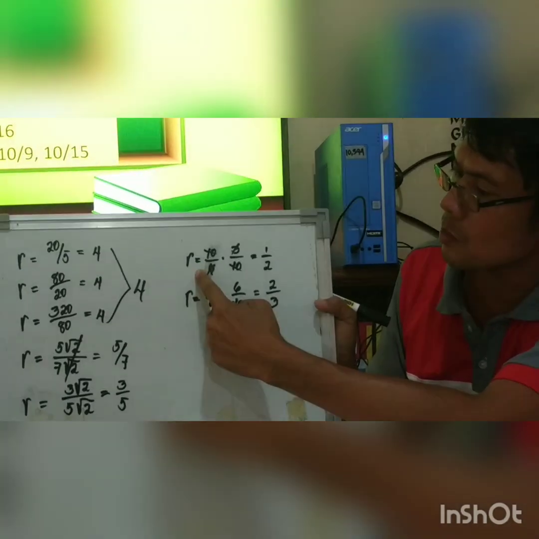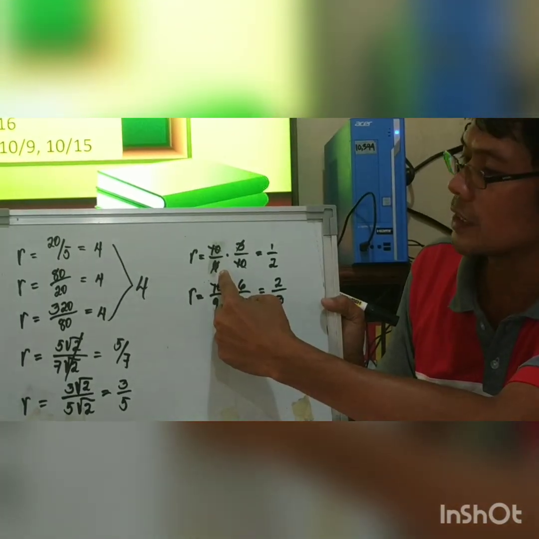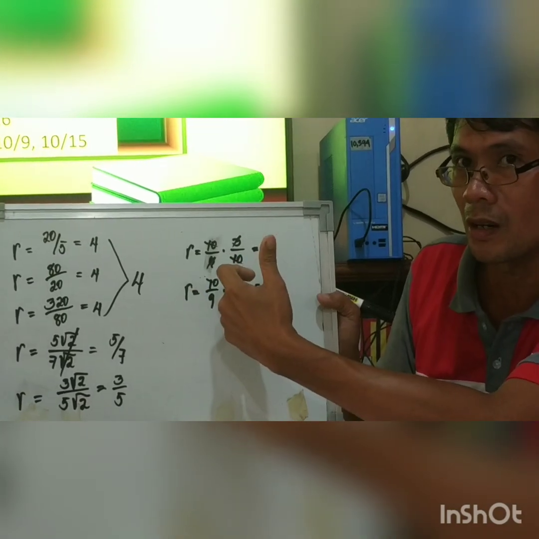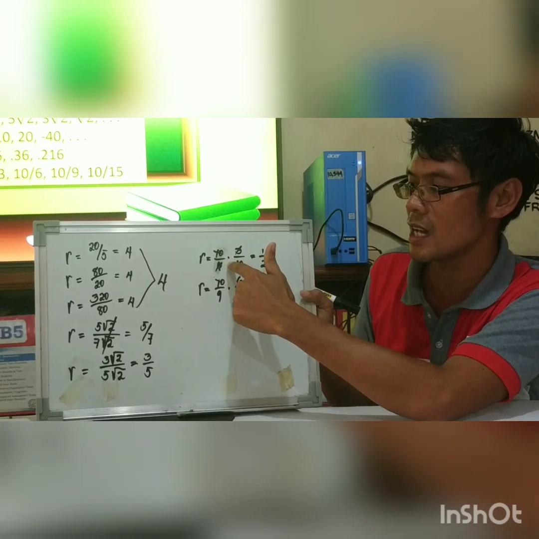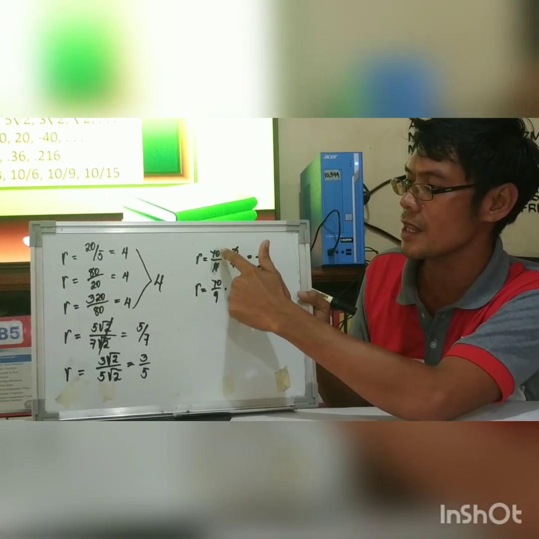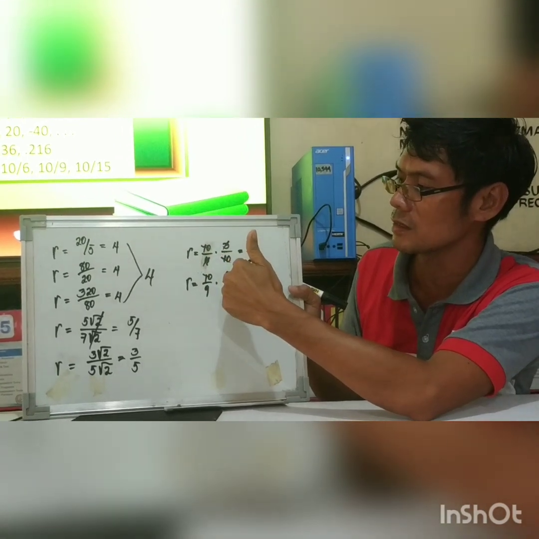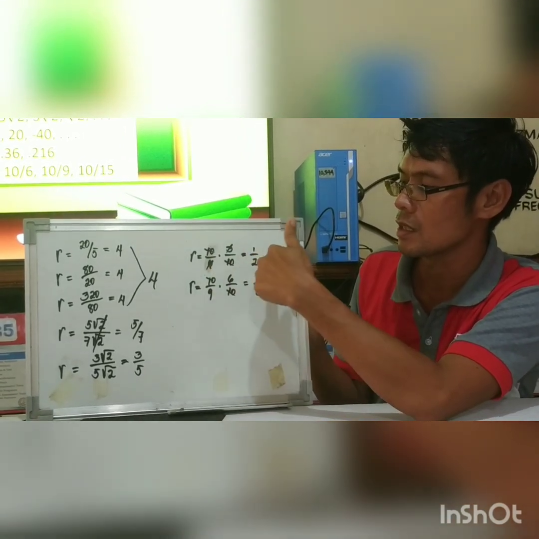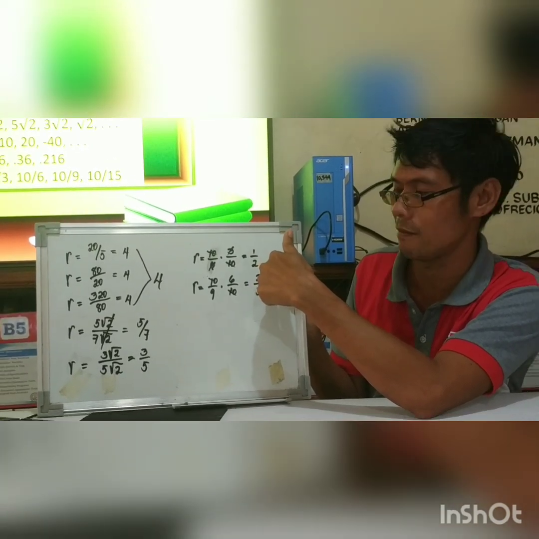For number 5, let's try to get the ratio between 10 over 6 and 10 over 3. So r is equal to 10 over 6 divided by 10 over 3. When we divide, get the reciprocal of the divisor, then proceed as in multiplication. So that is 10 over 6 times 3 over 10. So we cancel the 10. We get 3 over 6, which in simplified form is 1/2.